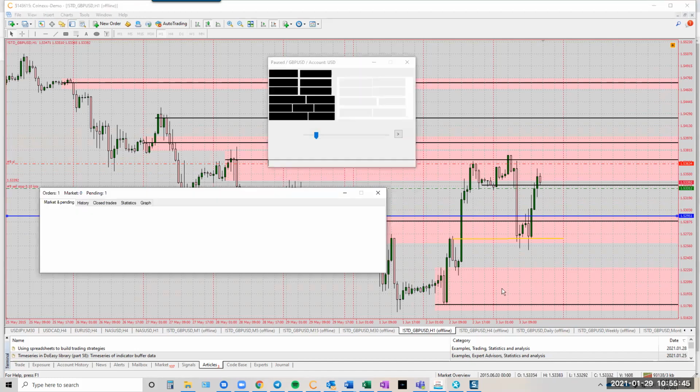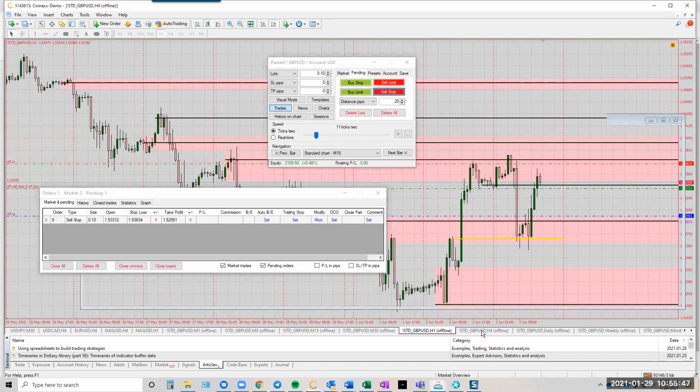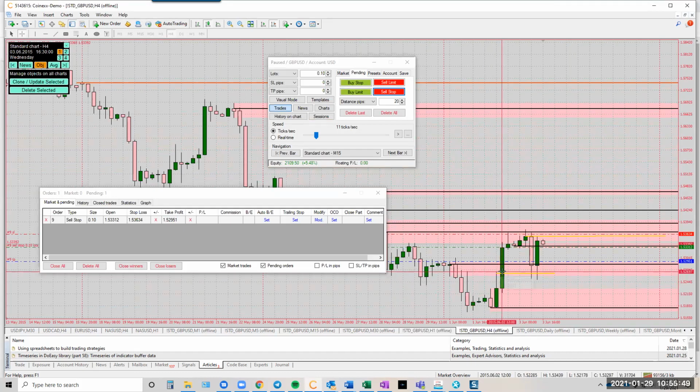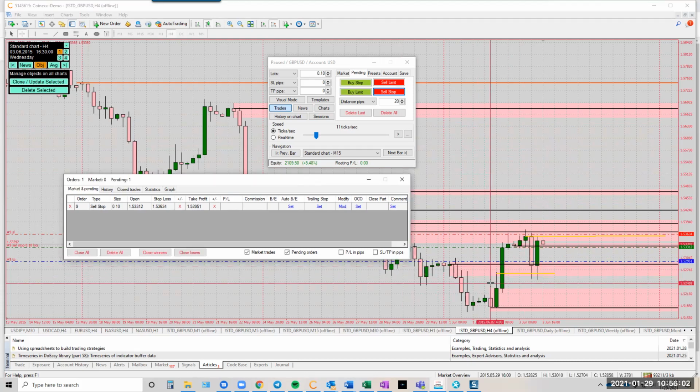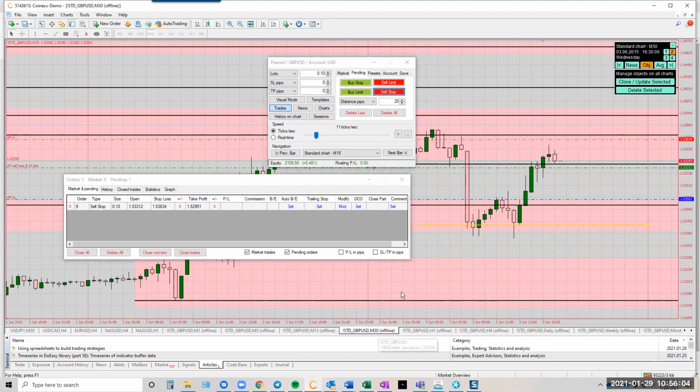Let me accept this and make sure I'm not missing any zones. Visual zones. Do I see anything? No. Alright, I'm going to put this back to 30 minutes and let's run it and see what we get.